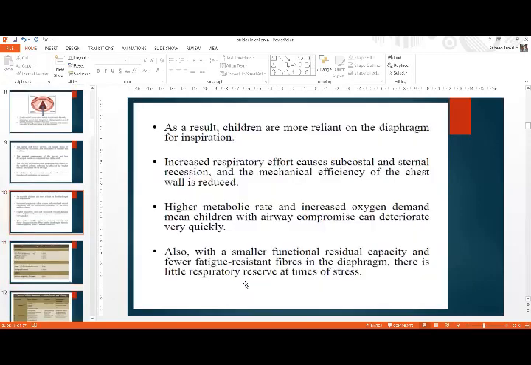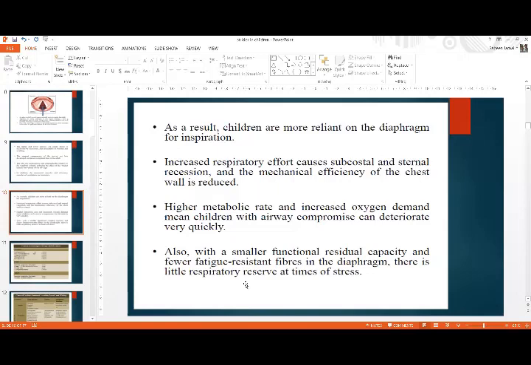So, to summarize the basic pathology underlying the development of stridor in children, there are certain anatomical factors: narrow and smaller airways, further compounded by inflammation, edema or foreign body, leading to increased airway resistance; horizontal position of the rib cage; improperly developed and immature intercostal and subcostal muscles of respiration; and on top of it, reduced functional residual capacity and fewer fatigue-resistant fibers in the diaphragm.